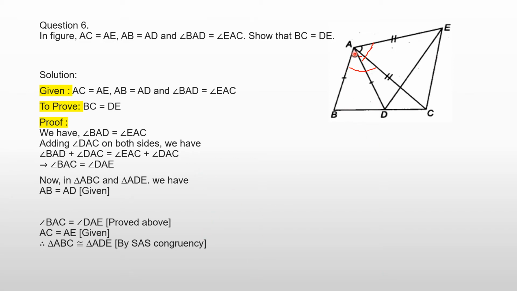Now AC is equal to AE, it is given to us. So by the congruence rule, which one? SAS, both triangles are congruent. Now both our triangles are congruent by the rule SAS.